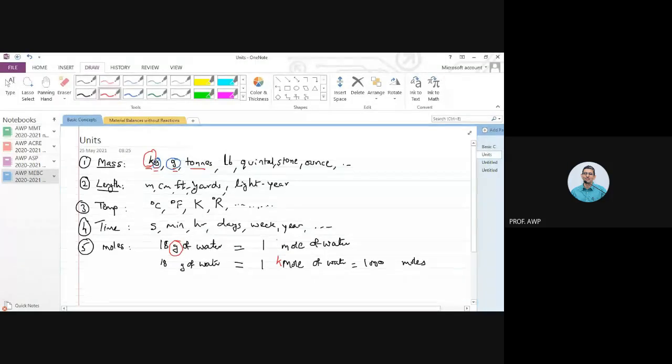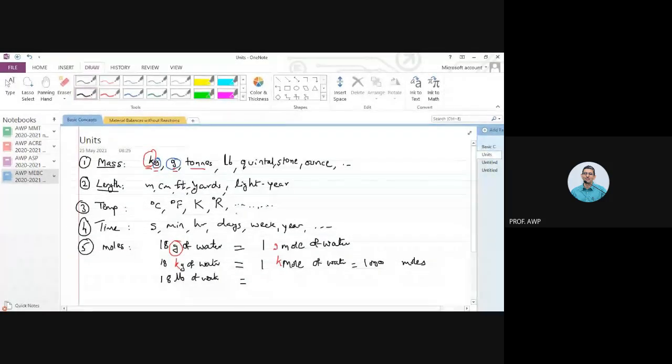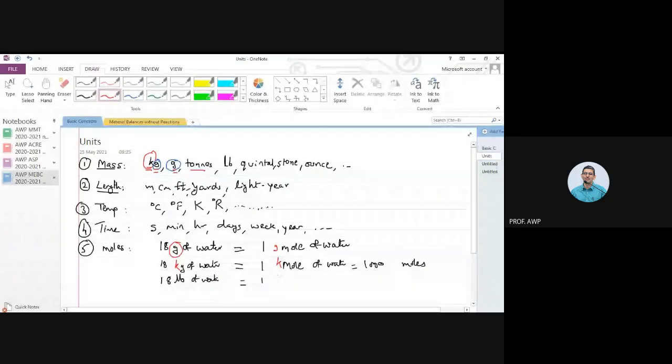So if you are having, let's say, 18 pounds of water, we would call that 1 pound mole.